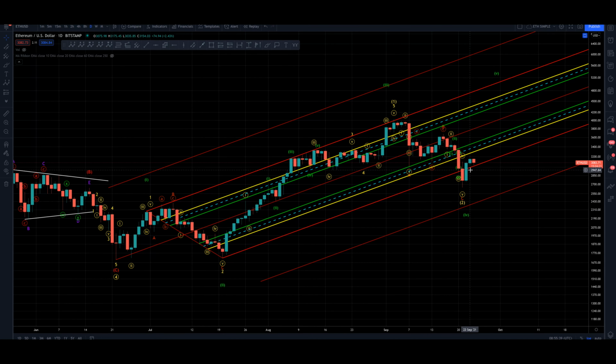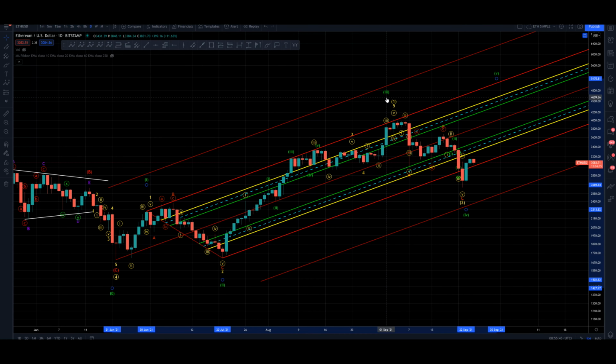Yes, we've breached the outer bound, so maybe we've done a 1, 2 at intermediate degree, but it's also perfectly feasible to say 3 and to say 4 related to this minor 1, 2 into minor 3, 4, and now we're coming up into minor 5 to complete what would be intermediate 1 here, and then a proper break of this pitchfork and a proper breakdown in price to create the larger wave degree at intermediate degree.